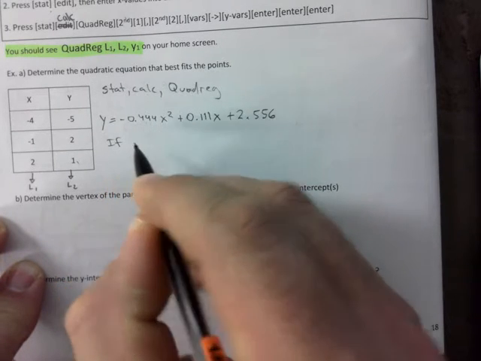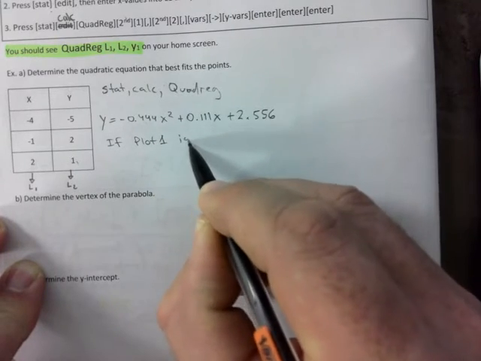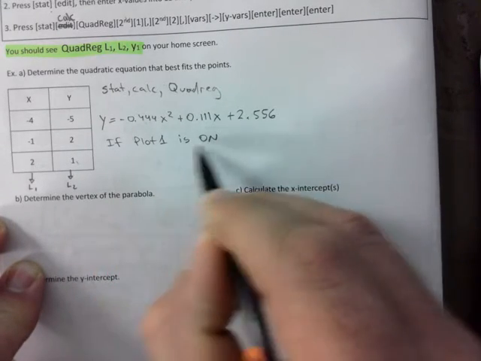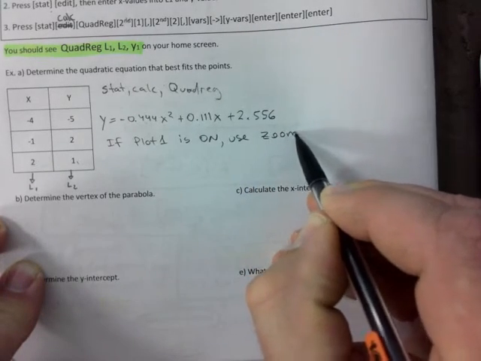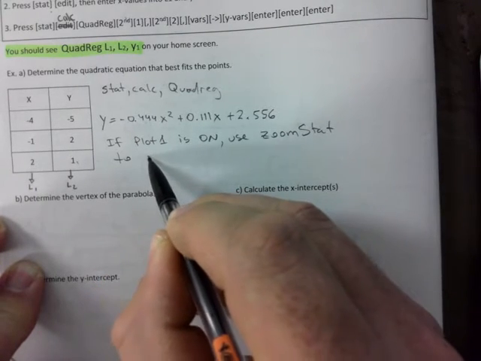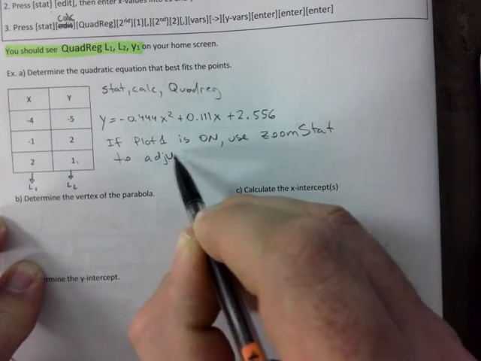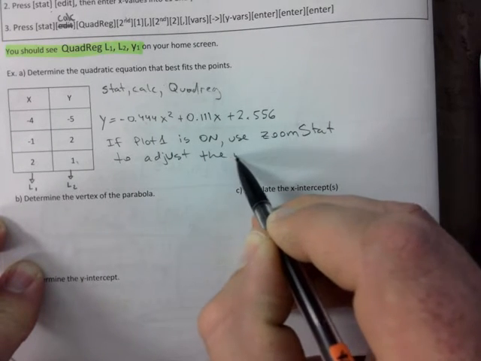If plot 1 is on, right, use zoom stat to adjust the window.